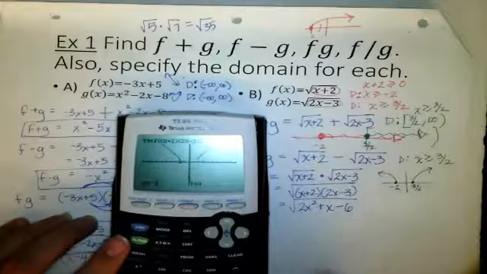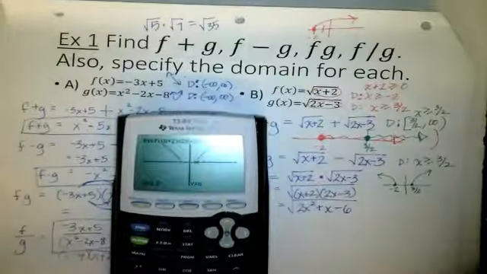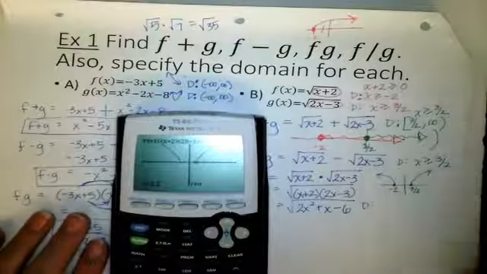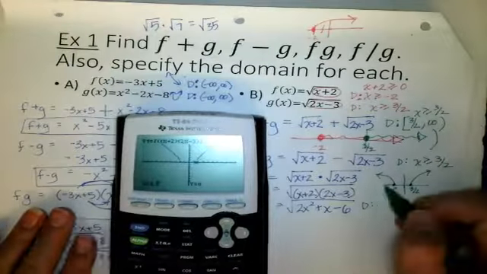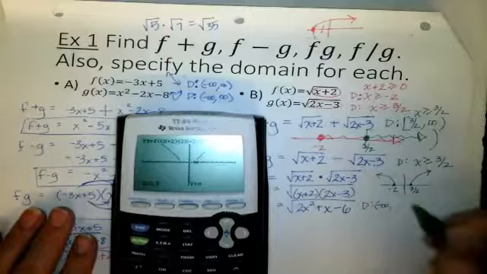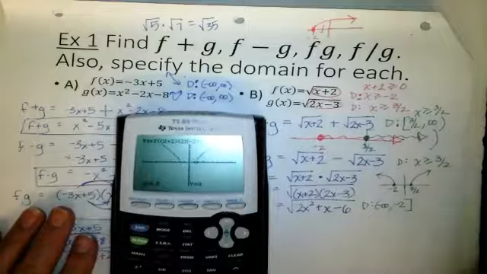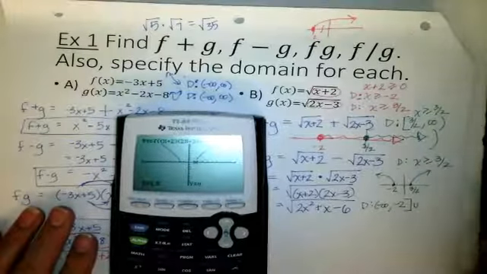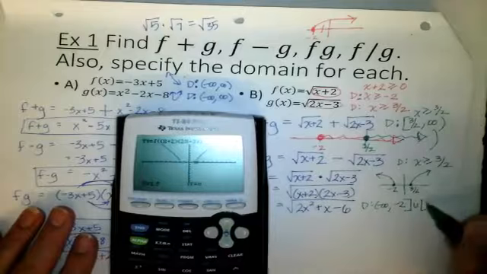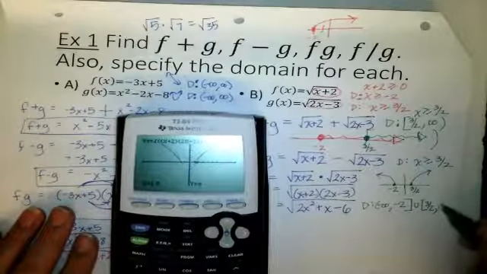What's the domain then? How far left does this arrow go? Negative infinity all the way to -2, bracket. Union, it picks back up again at 3/2. And how far to the right does it go? Infinity.